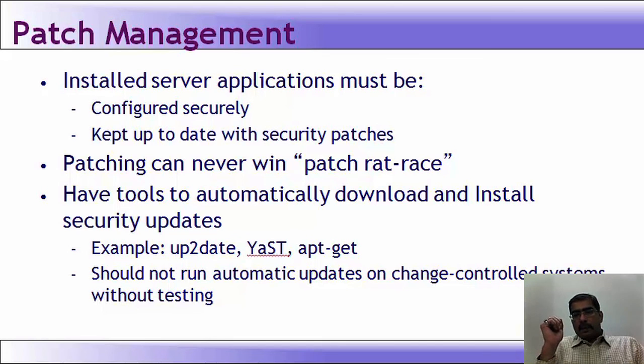You can write a small script that runs sudo apt-get update over a period of time, or you can enable a cron job, or you can install software like Webmin, which can tell you the status of the patches, and it will do the update for you automatically.